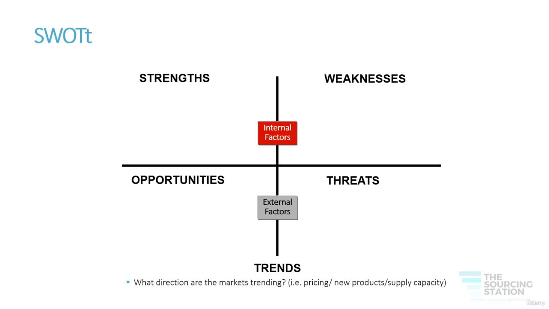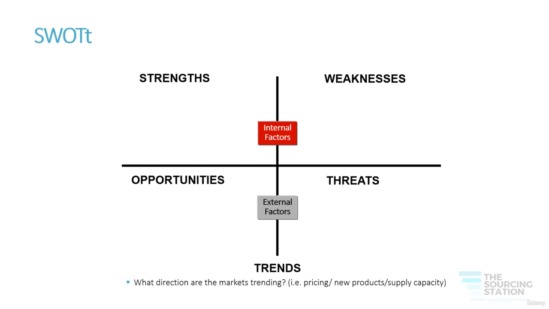So now typically you would see we have internal factors and external factors. Internal factors are usually derived from your company or from the supplier company, while external factors are those that will have an impact on your opportunities and threats.